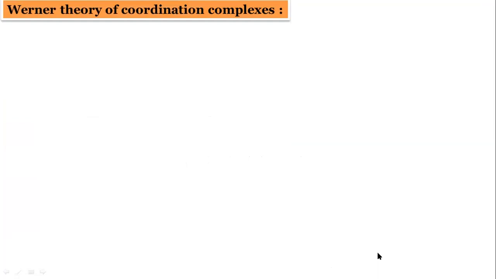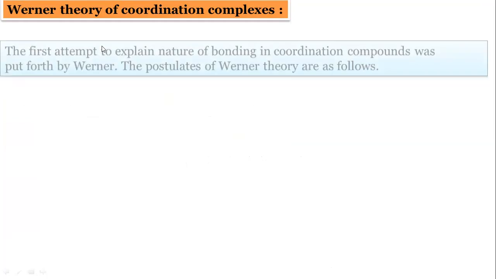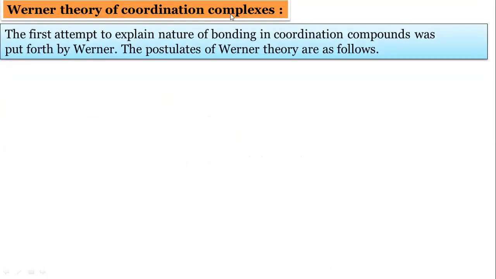Then Werner's theory, this is asked for 2 marks. Make a mark in your notes, or write in your notebook also. I don't know whether you are writing this or not, but this is Werner's theory. It is asked for 2 marks, remember. Werner is the name of the scientist who first studied the different coordination complexes.